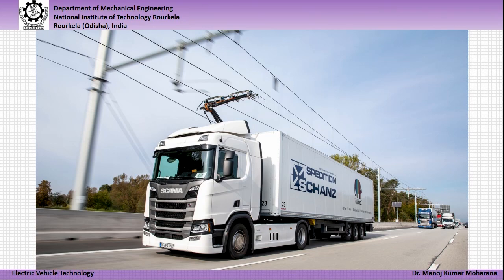Whenever a situation arises where there is a need to overtake a vehicle, you can switch from the live electric line to battery mode, accelerate and overtake from the left, and again return back to the right side to the main electric line if you want to take the live power source to run the vehicle.